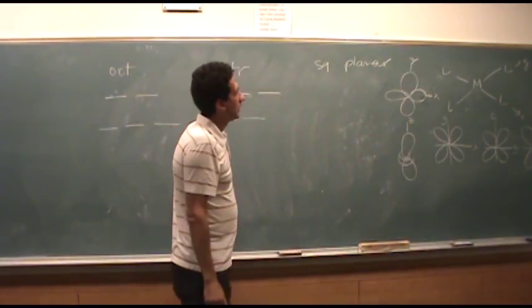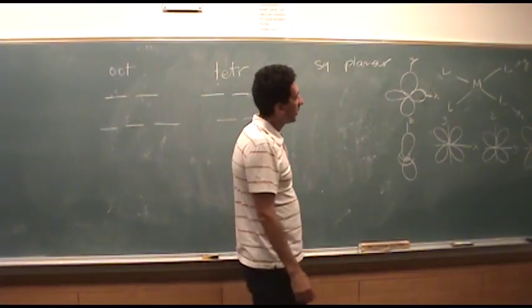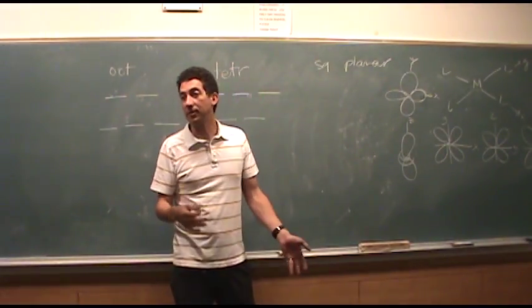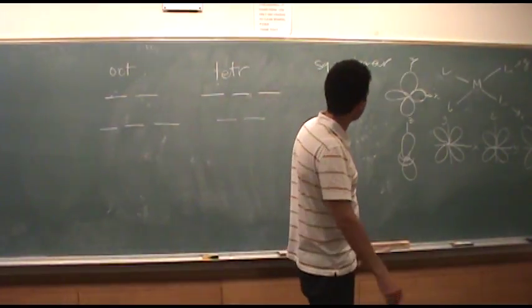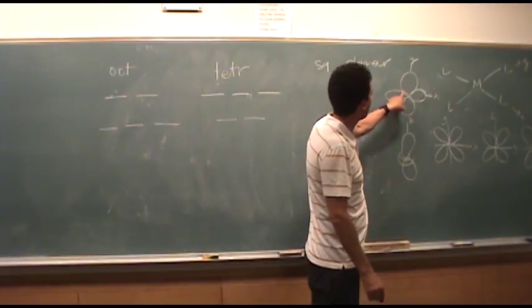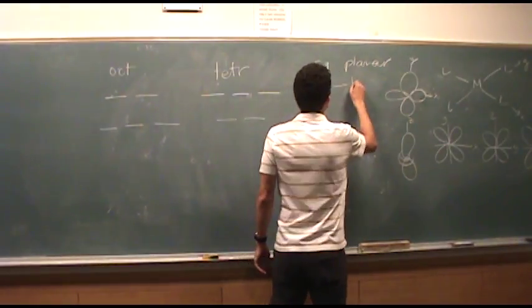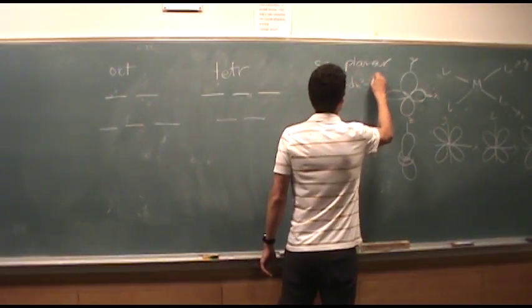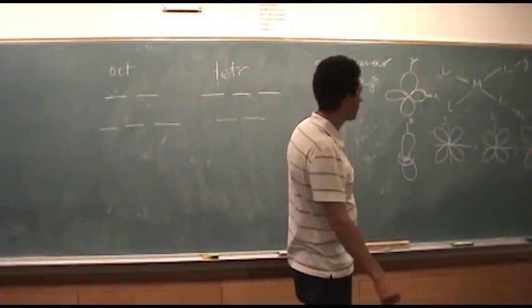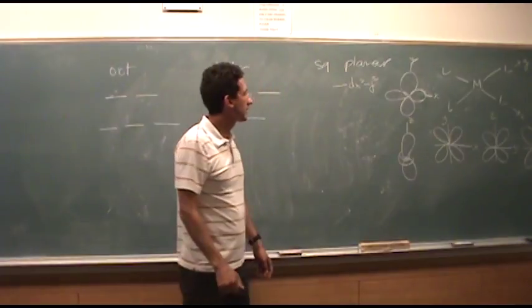Okay, so then you say, I usually start with what's the highest and what's the lowest. Which one's going to give the highest energy? The x squared y squared? Yeah, so you know dx squared minus y squared. Which would probably be next?